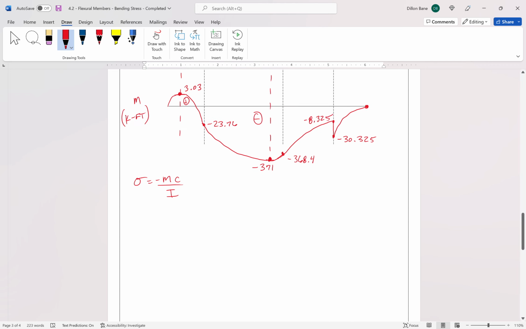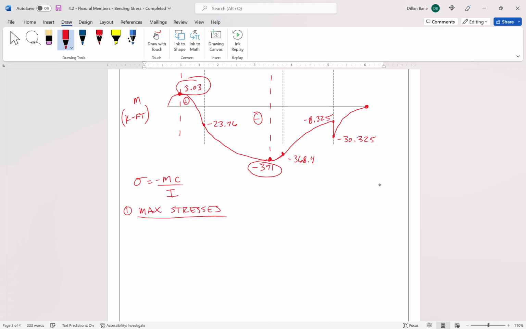The main thing that we have to look at is what is the stress at the location of the maximum positive moment, 3.03, and what is the stress at the location of the maximum negative moment, negative 371. So let's just say this, right? Step 1, max stresses.